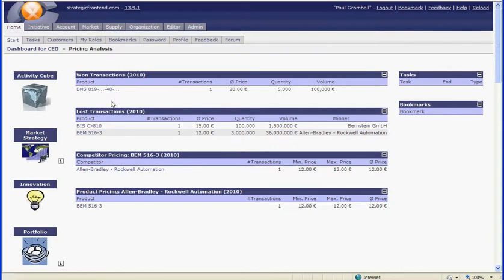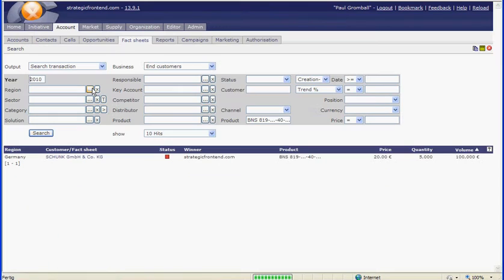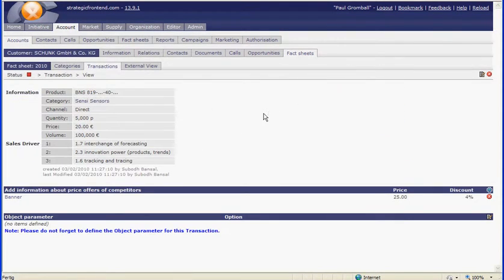So if you click on the one transaction, what you will see is exactly the information about the transaction.